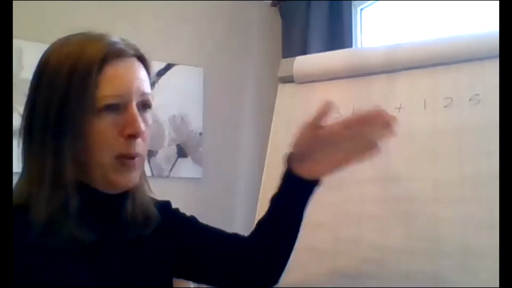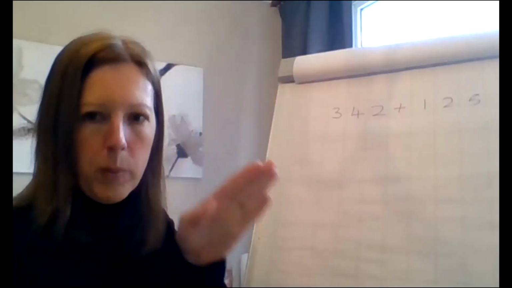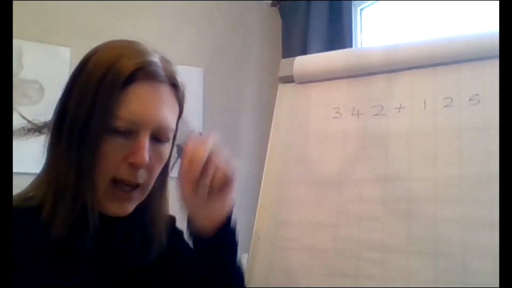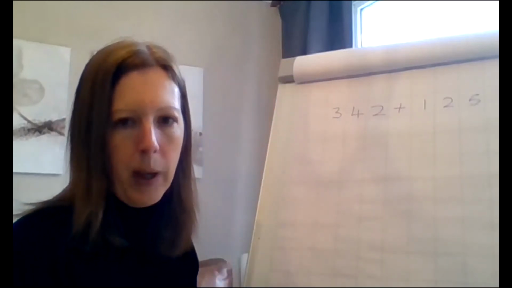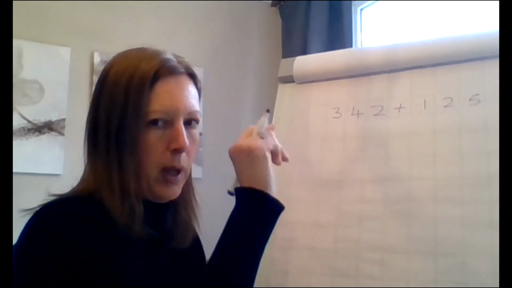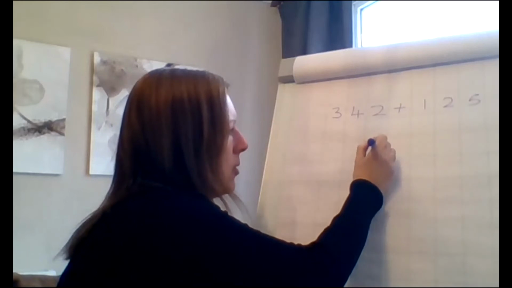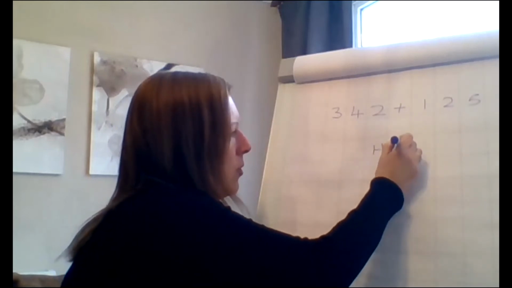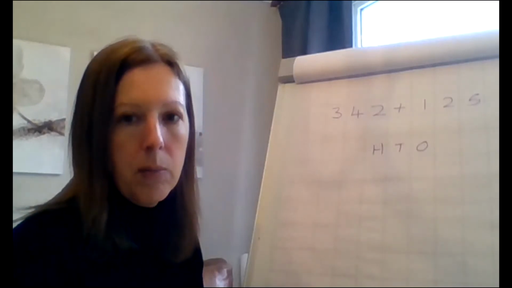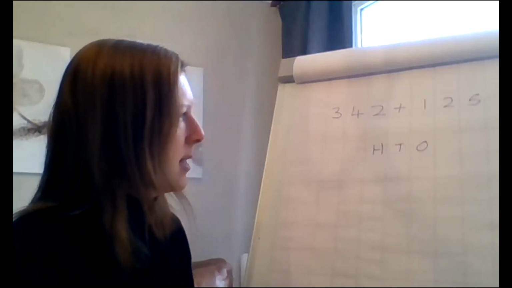So that at the moment is not set out in our column addition. You remember, we line up all our columns really carefully when we are thinking about our column addition. So just to remember and get into good practice, I'm going to put down my hundreds, my tens, and my ones column there, just to remind ourselves of how that is set out.